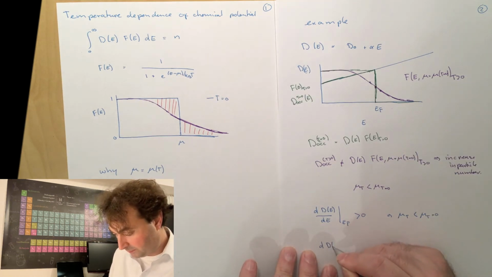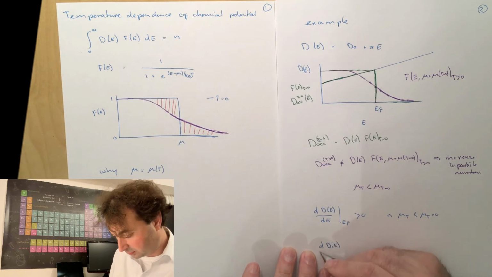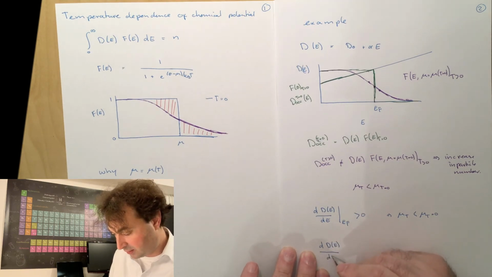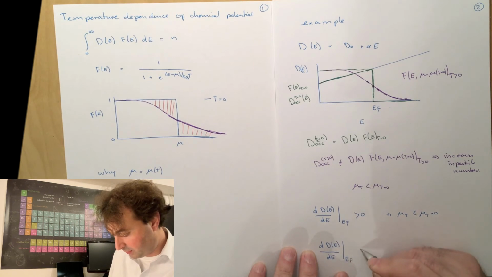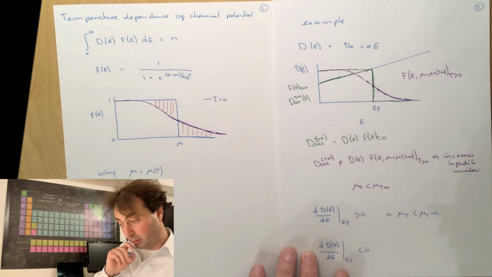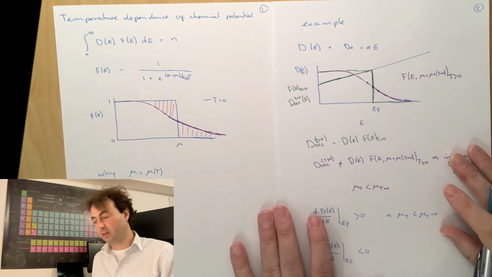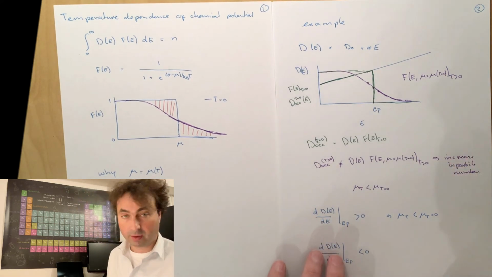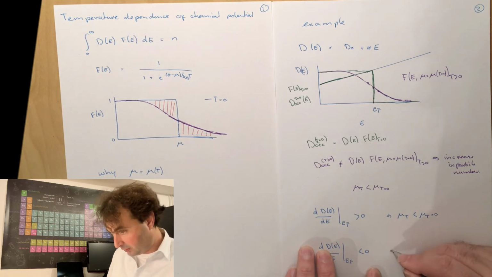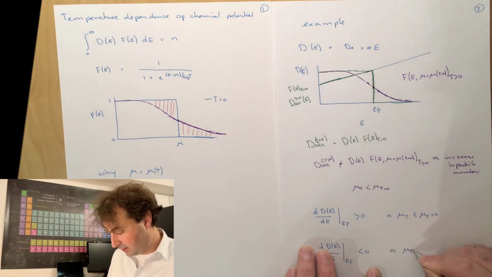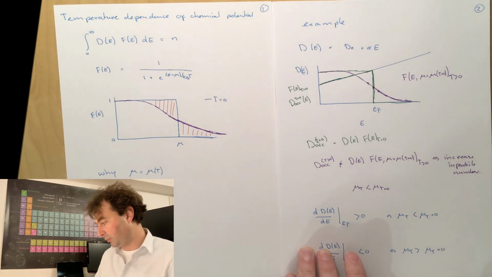The other way, if the derivative of the density of states at the Fermi energy is smaller than 0, we haven't explained yet how this can happen, but we'll show in later lectures that it will, then we find that the chemical potential at finite temperature is larger than the chemical potential at 0 temperature.